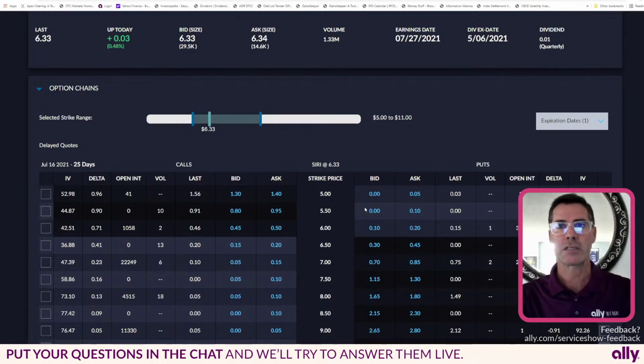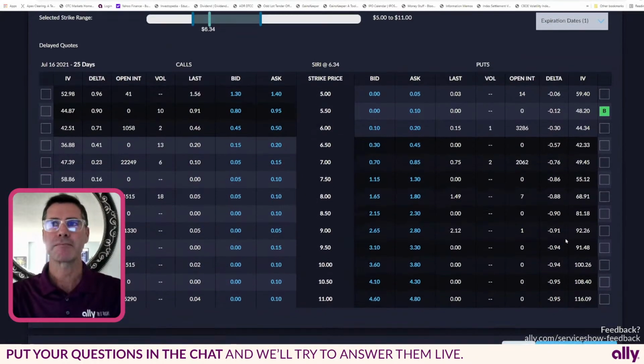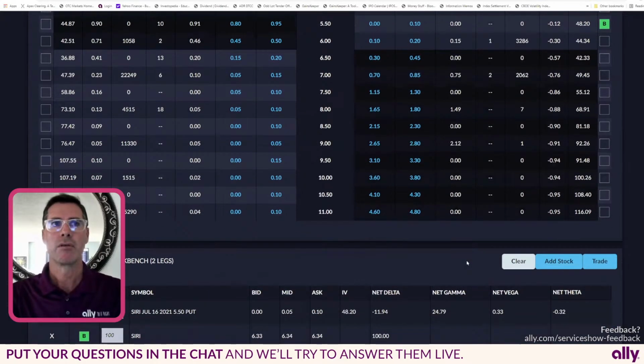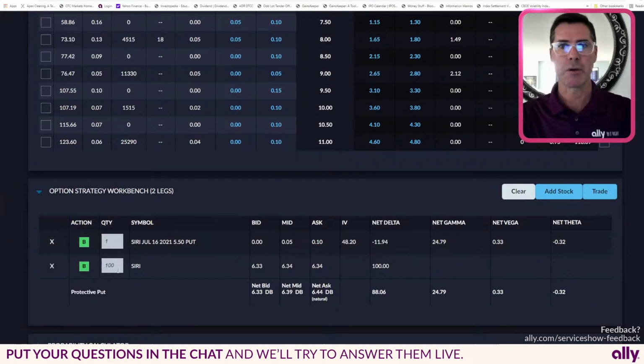And your potential loss is stopped here at the difference between your 650 purchase price plus what you paid for this put. So click here, one click, because we're purchasing this put. The B here is for buy. And if we're doing this all at once, we'll be adding a stock. You'll notice the system knows that you're buying 100 Siri.